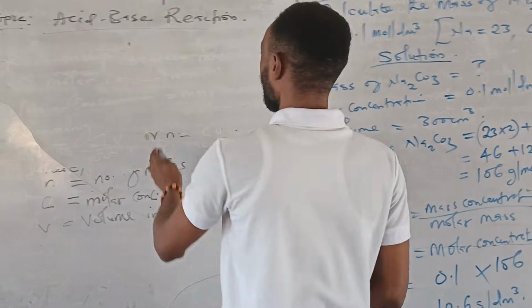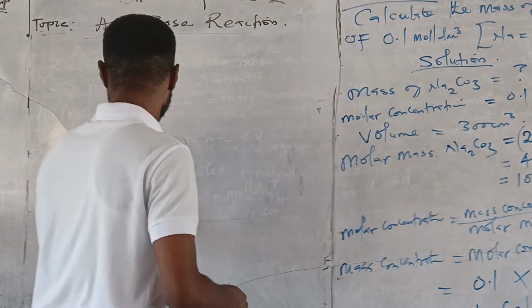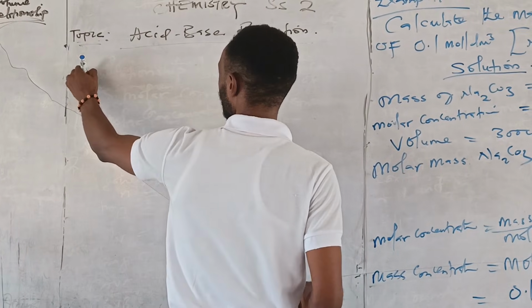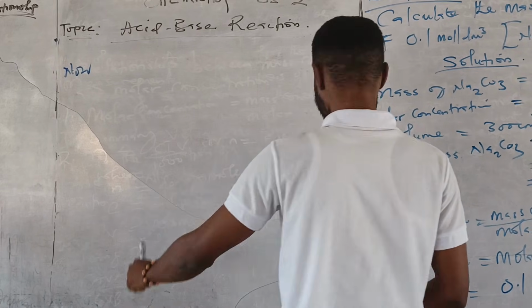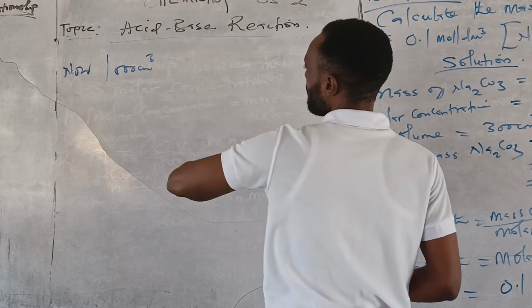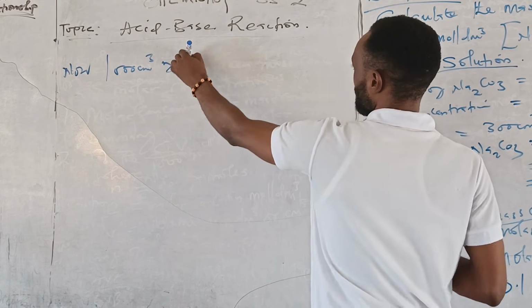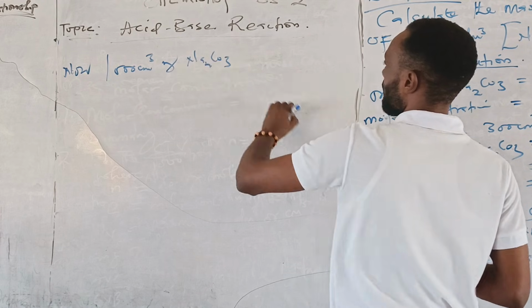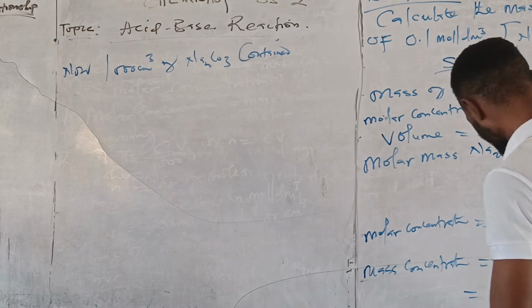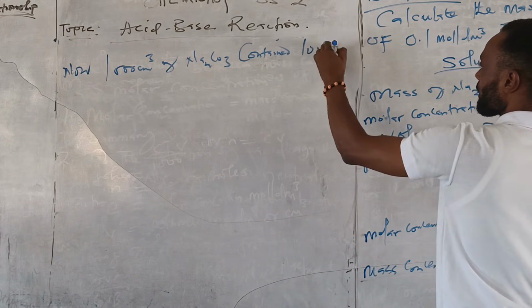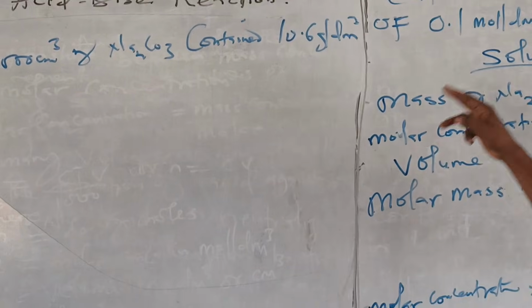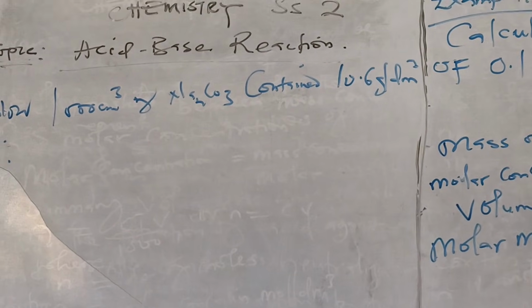So we will now apply what is called the proportionality method. We now say 1,000 cm cube of the compound contained the amount we got here, which is 10.6 gram per dm cube. Therefore, from the question, we are given volume to be 300 cm cube.